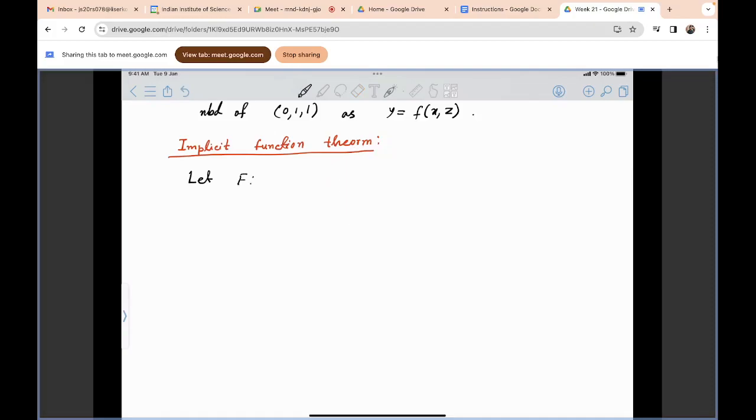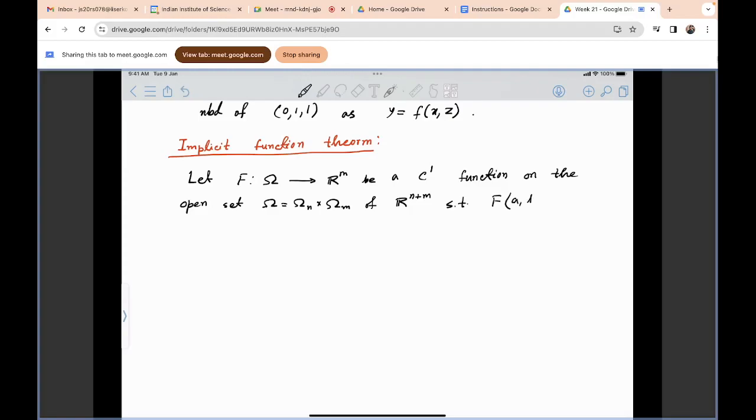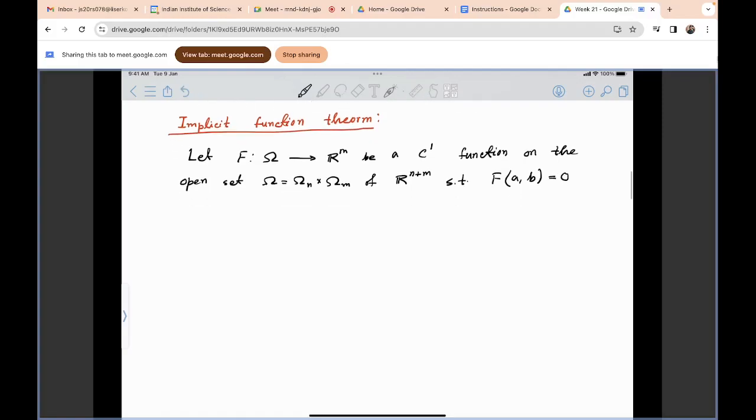Let f from some open set omega to R^m be a C1 function, meaning a continuously differentiable function, on the open set omega, which is omega_n cross omega_m, an open set in R^(n+m), such that f of (a, b) equals 0 for some point (a, b) in omega.